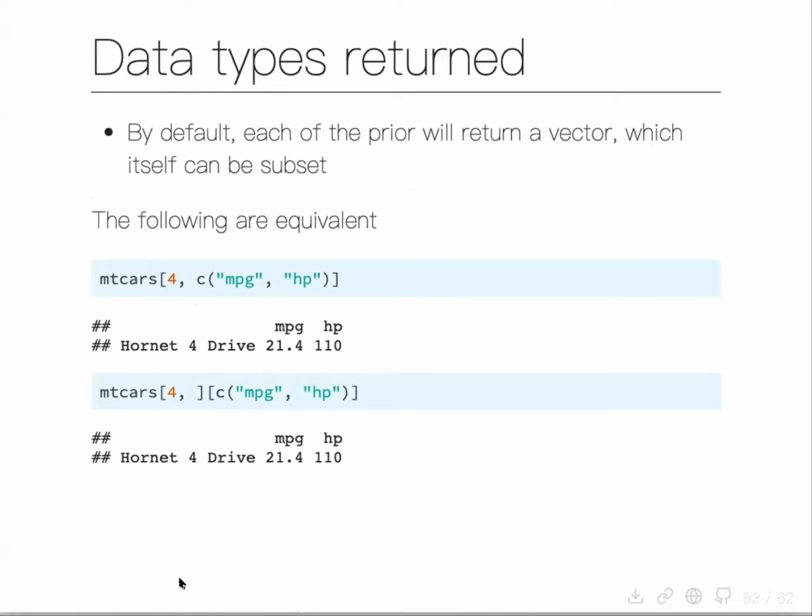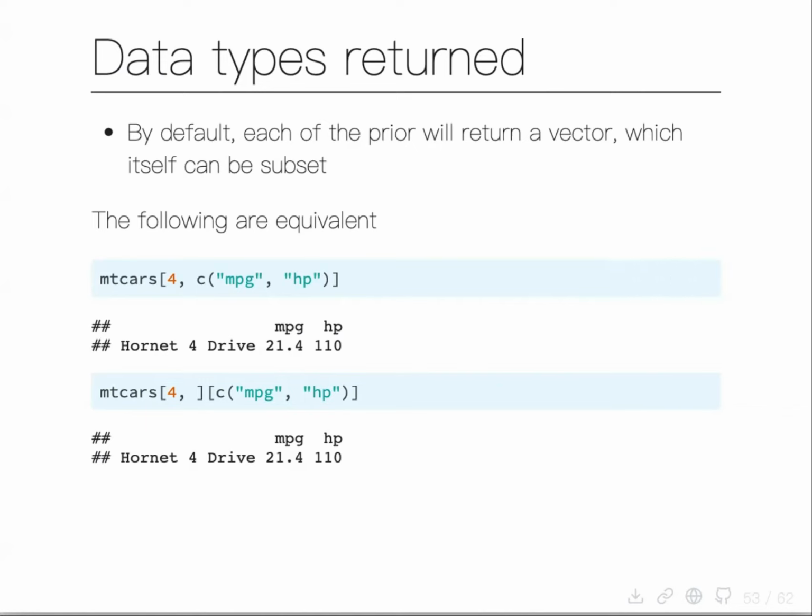But this is also not consistent, because if I say, here's mtcars, give me the 4th row and these 2 columns, then we'll get back, actually, I'm not 100% sure if that is an atomic vector or a data frame. We could do typeof on that, I suppose. Let me do it real quick.